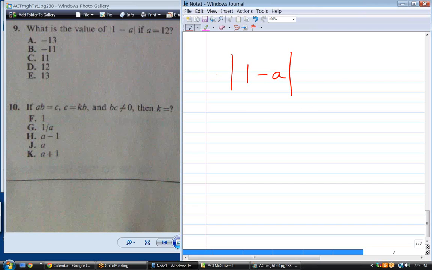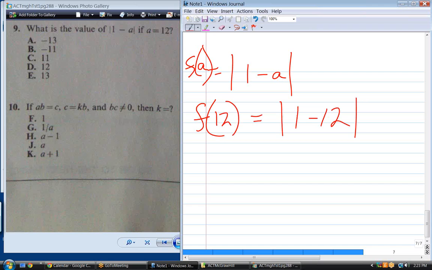In other words, I could also write this as f of x. That's the function. And now I want to evaluate it at f. Well, I can't really call it f of x because this is a. So I have to say that that's f of a. And now I want to evaluate it when a is 12. So plug in 12 for a.